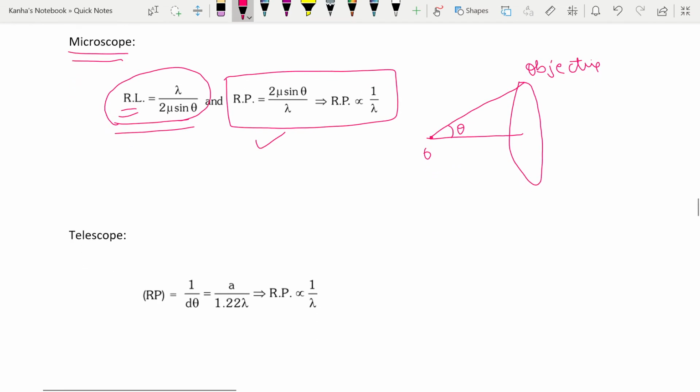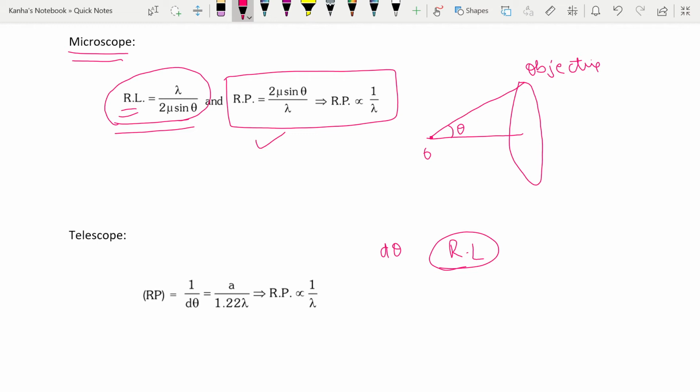You should next look at the telescope. The smallest angular separation d theta between two distant objects whose images are separated in the telescope is known as the resolving limit, and the reciprocal of this is given by the resolving power.